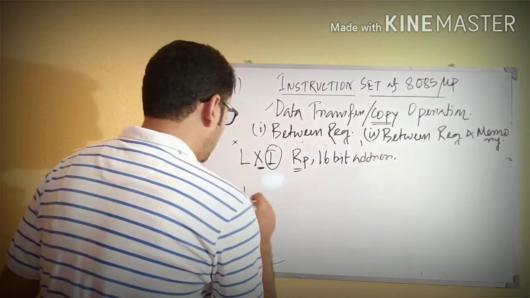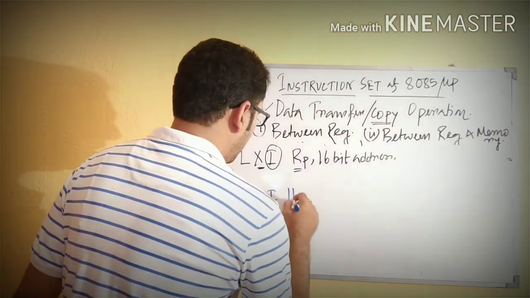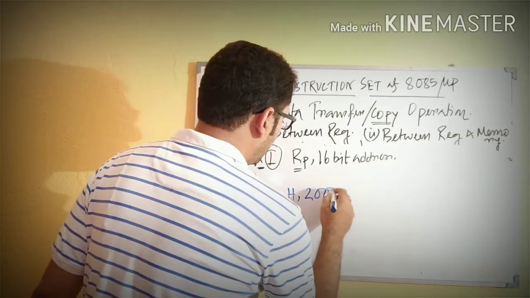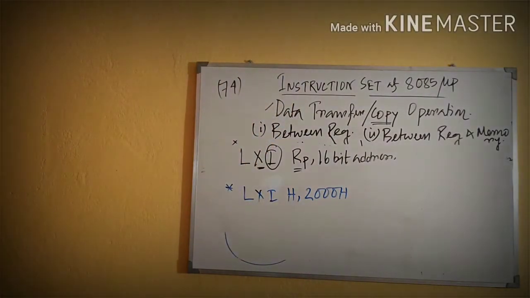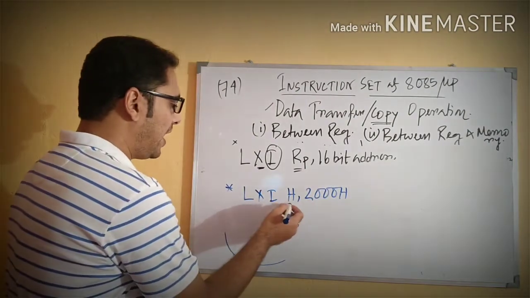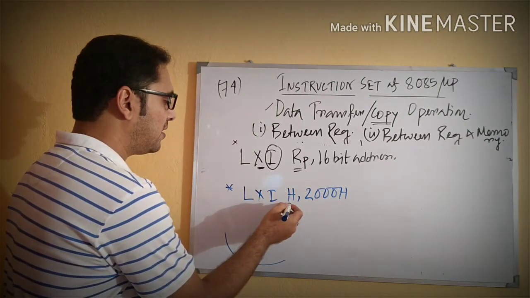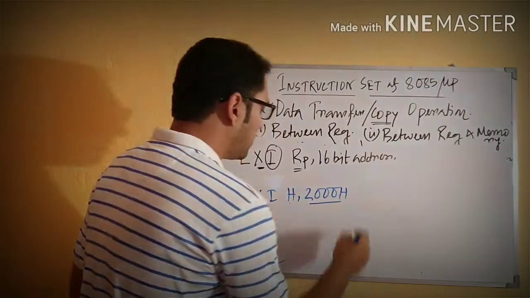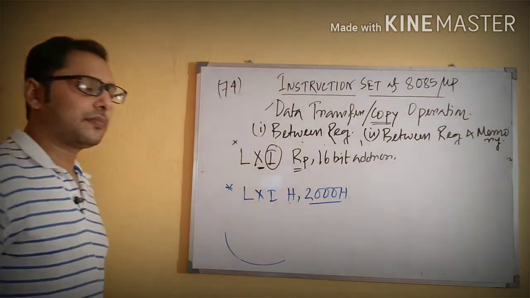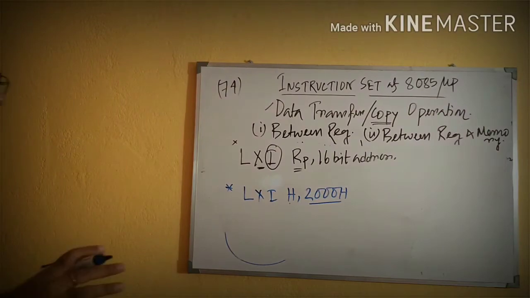Take an example: LXI H, 2000 hex. What does it mean? Load the HL register pair with immediate data. Don't get confused.